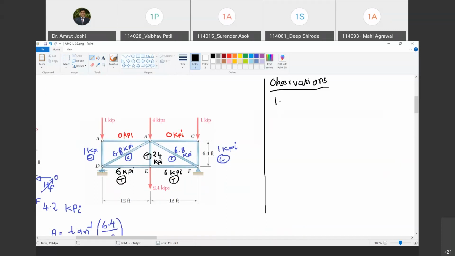AB and BC are called as top chord members. DE and EF are called as bottom chord members. AD, BE and CF are called as vertical members, and DB and BF are called as inclined members.